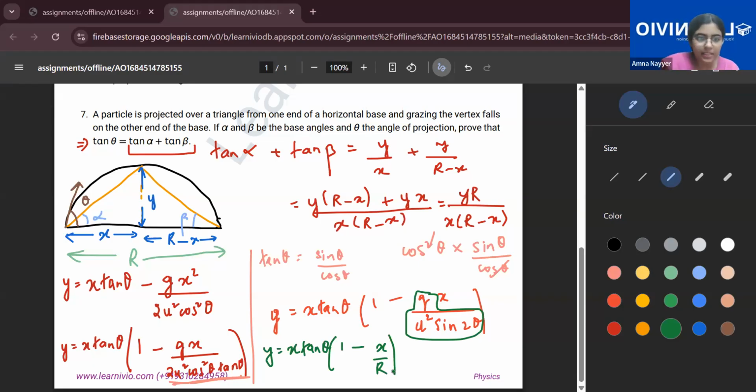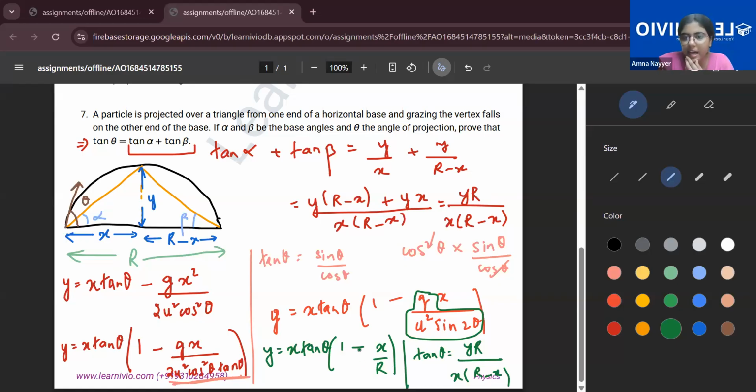Now look, we are getting the same equation. See, from here if I take the LCM, this will be r minus x by r. So what will be tan theta from this side? If I take tan theta, y into r divided by x into r minus x. This is what we had over here. Did you get this?